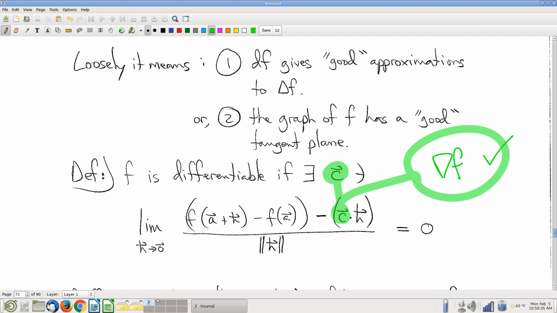So I claim that if this vector exists that makes this equation work, then in fact that vector is the gradient vector, and a plausibility argument for that is, notice that is the increment, and that is the differential, if c is the gradient vector.